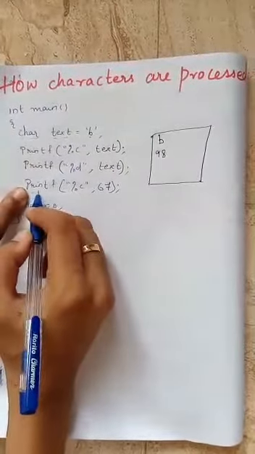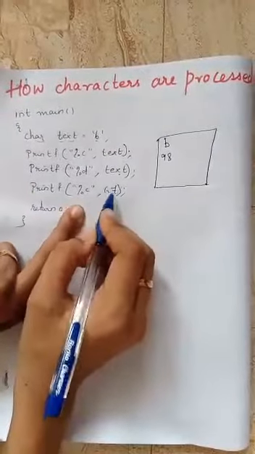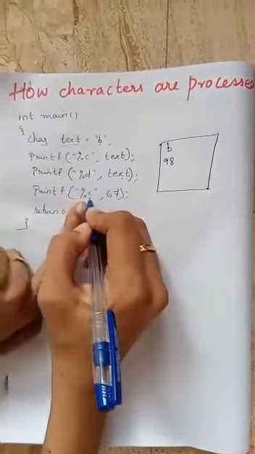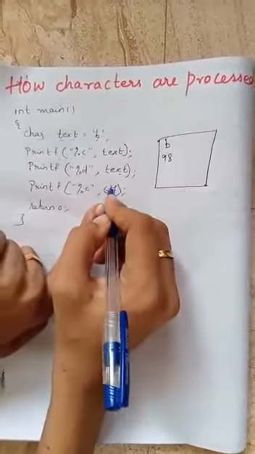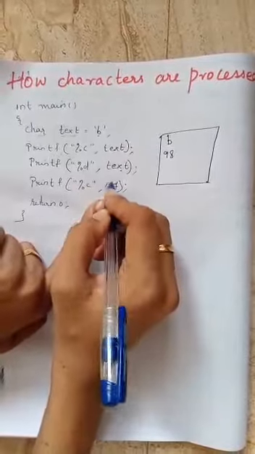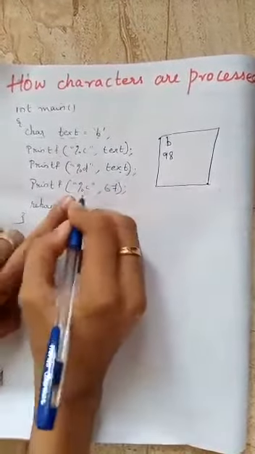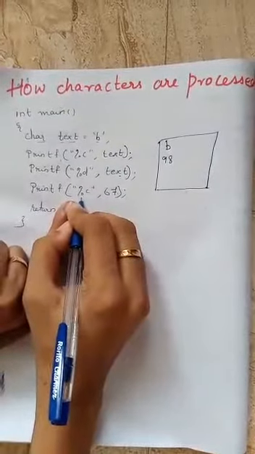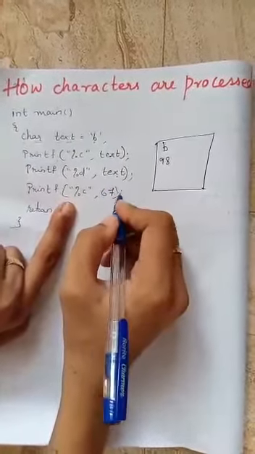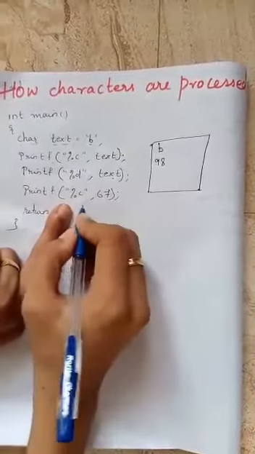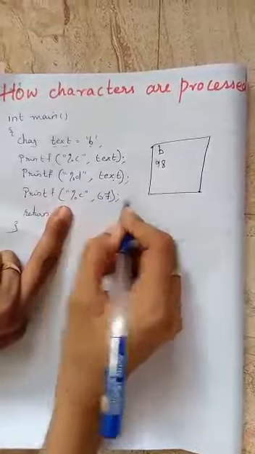Next it's written printf of %c 67. %c implies the character should be displayed, and the number given is 67. Which character does 67 correspond to in the ASCII table? 67 corresponds to capital C. The character capital C has the ASCII value 67.